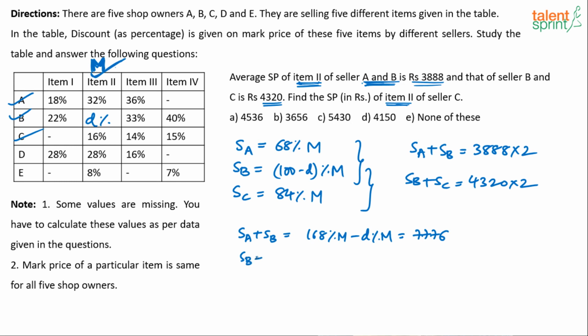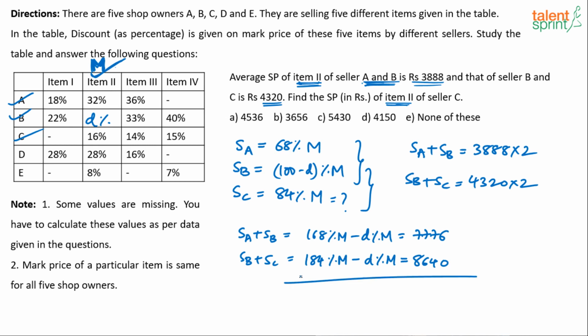And SB plus SC, how much will that be? 100% of M plus 84% of M. 184% of M minus D percent of M equals 4320 times 2. That will be 8640. What are we supposed to find out? We're supposed to find out the selling price of item 2 by seller C. So basically 84% of M is equal to what is the question?